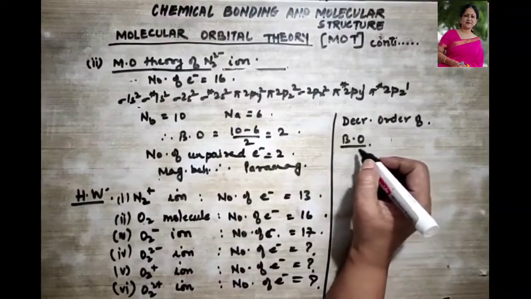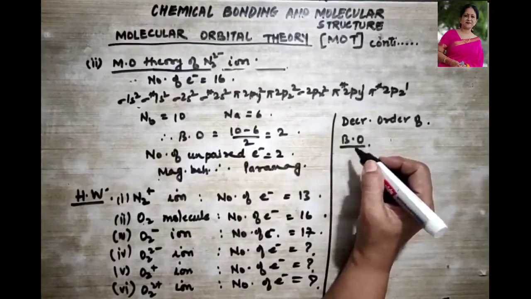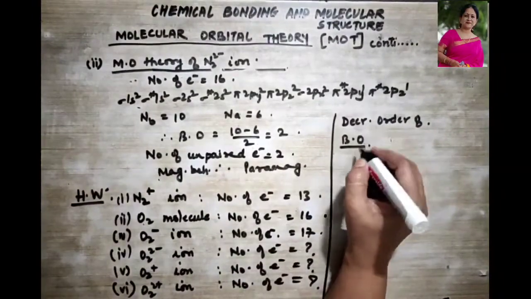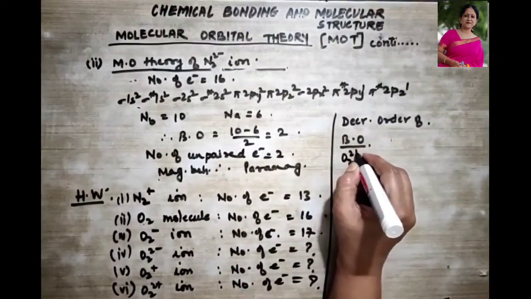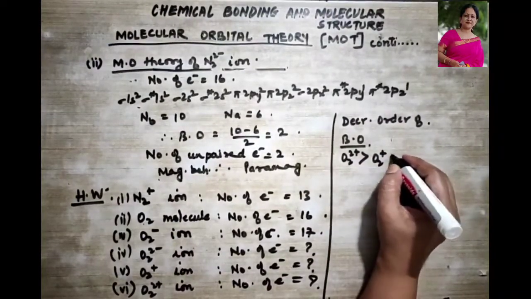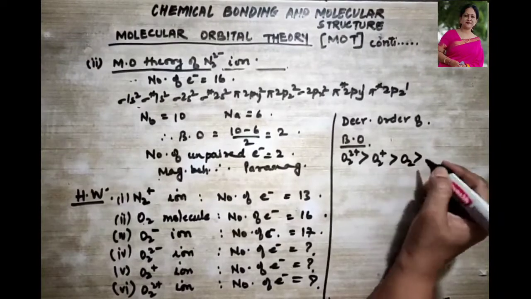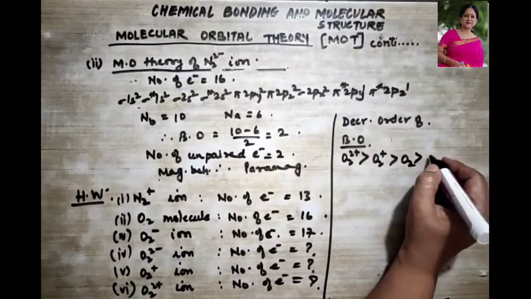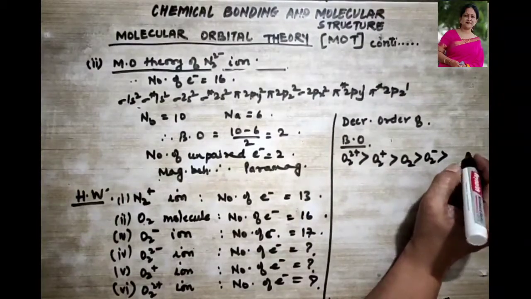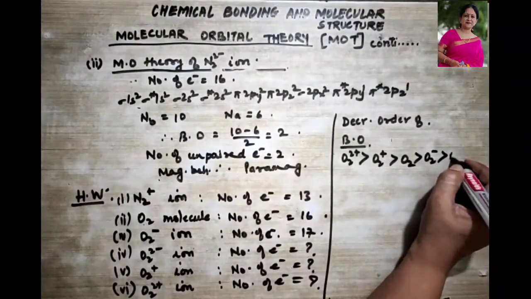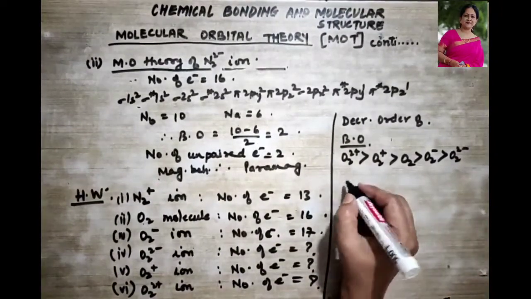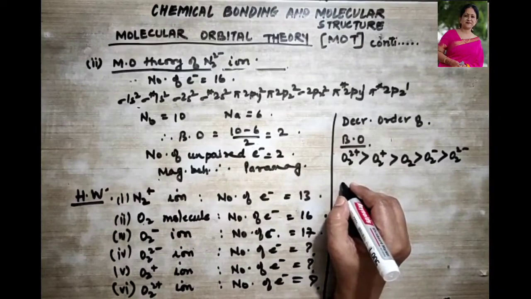If we have to see the decreasing bond order of the different oxygen molecules and ions, then we are going to see that O2 2+ is greater than O2+, which is greater than the molecule of oxygen, which is greater than O2-, and the least bond order is that of O2 2-. Clear?